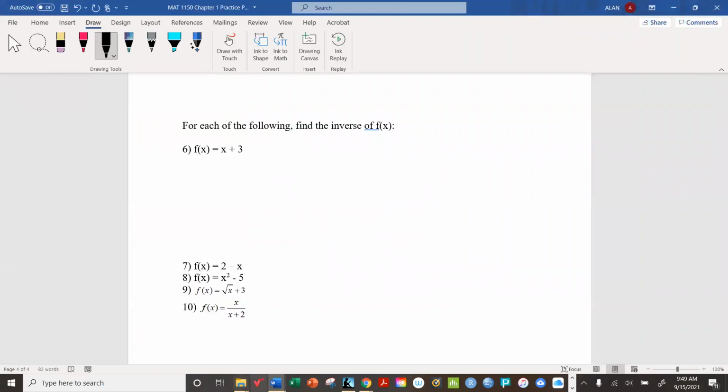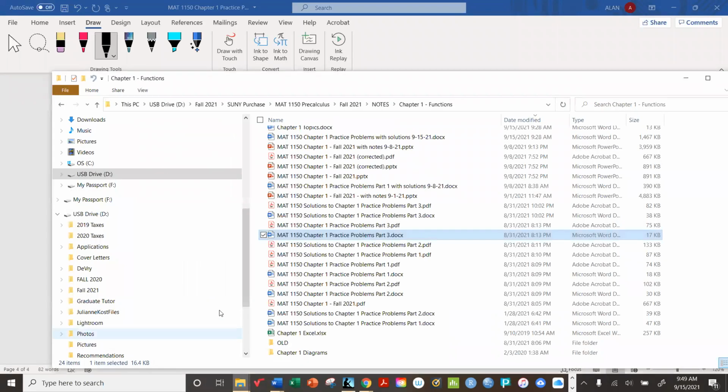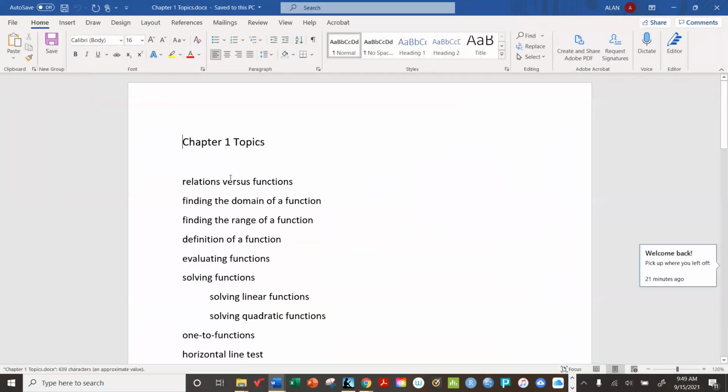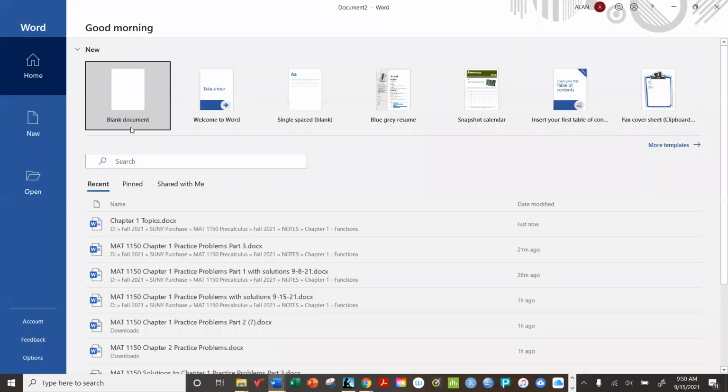But you know what I'll do too? Let me go get my list of topics. Here it is. And what I'm going to do is the same thing as we go along. I'll try to remember to do the same thing in chapter 2 so that I can post these. You know, I would have done this before. It just never occurred to me that this could be useful. So I'll try to remember to do the topic lists as we get to the chapter, just in case you need it.